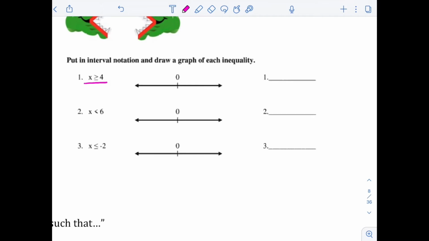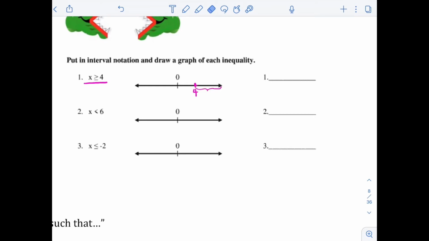So let me say that this is 4, because it should be on the right side of 0. X can be all the values that are on the right side of 4, because they should be greater, but it includes 4 as well. Why should it include 4?